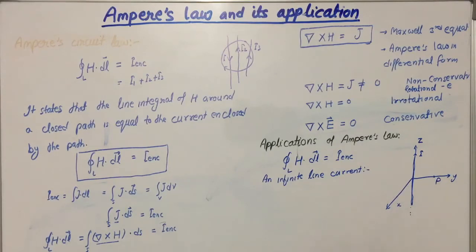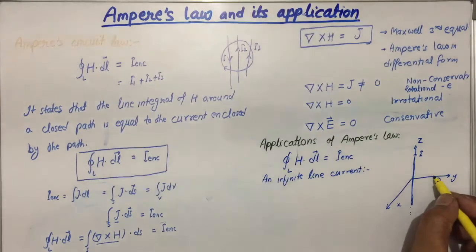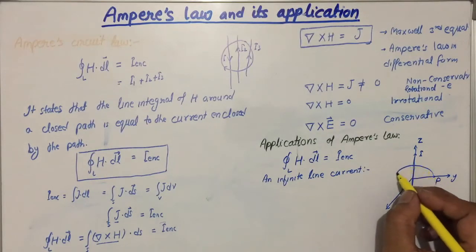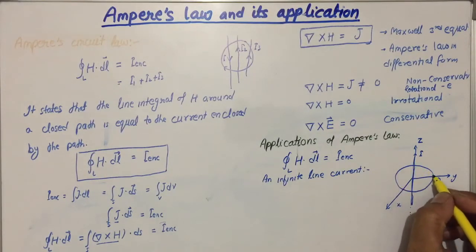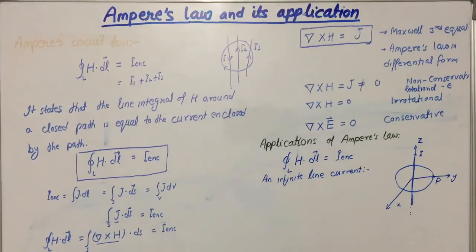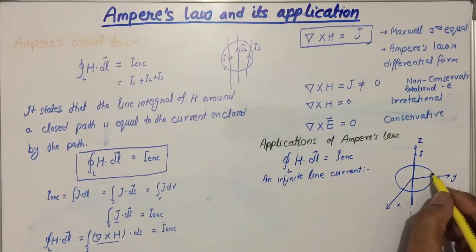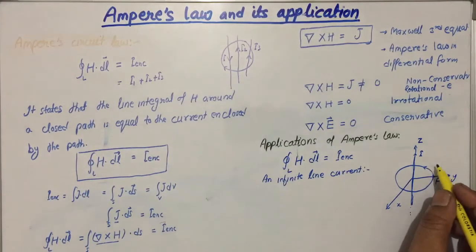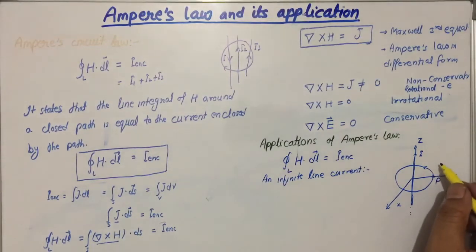then we allow a closed path to pass through P, similar to the Gauss law. This closed path is known as the Amperian path.